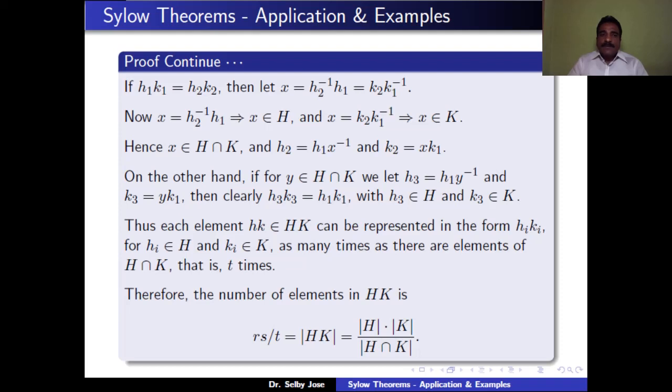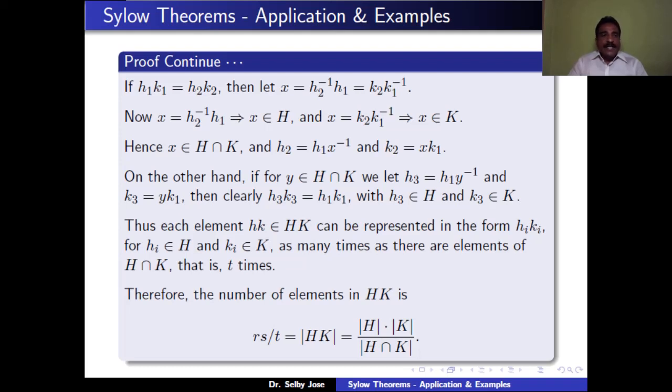Let x be h2 inverse h1. Then x belongs to H because h1 and h2 belong to H, and H is a subgroup of G. Similarly, x as k2 into k1 inverse belongs to K because k1 and k2 are in K, and K is a subgroup of G. So x belongs to both H and K, that means x belongs to H intersection K.